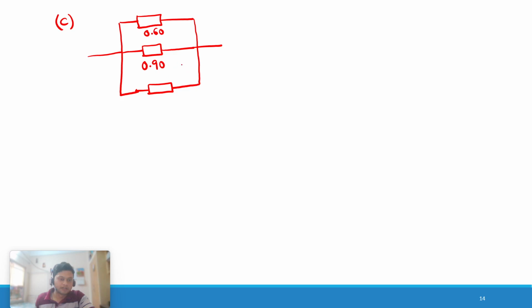0.99, sorry, this is 0.99. 0.60, 0.99, 0.70. Parallel configuration. For the parallel configuration, how do we find out the reliability?